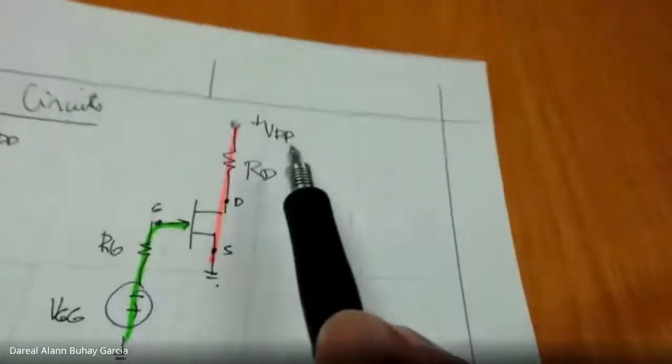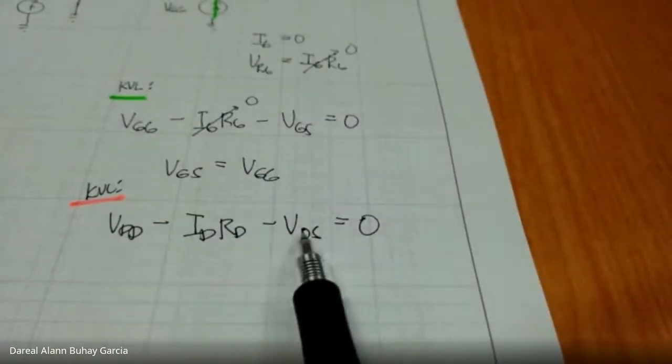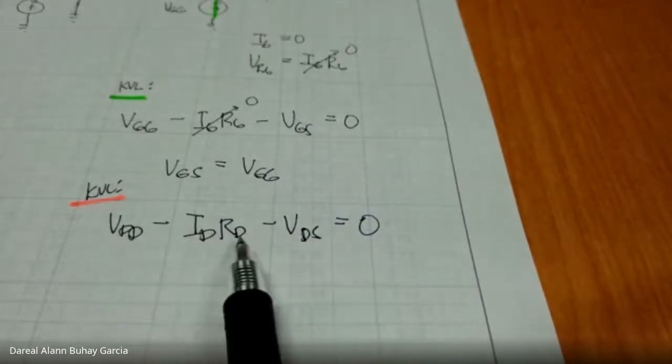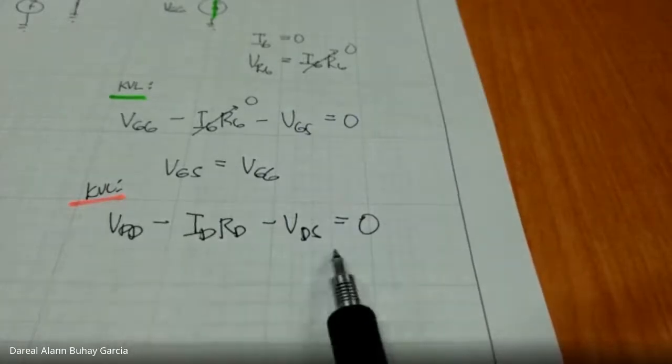So, VDD minus IDRD minus VDS equal to 0. VDD is constant and given. Same with RD. VDS is of course unknown.